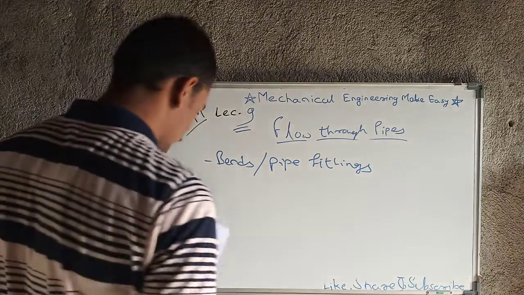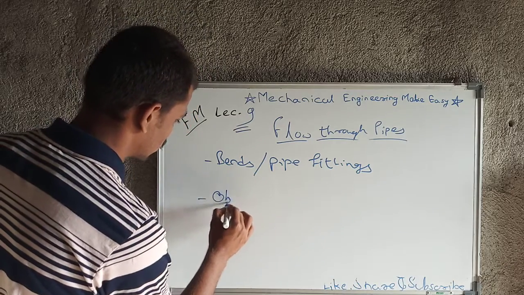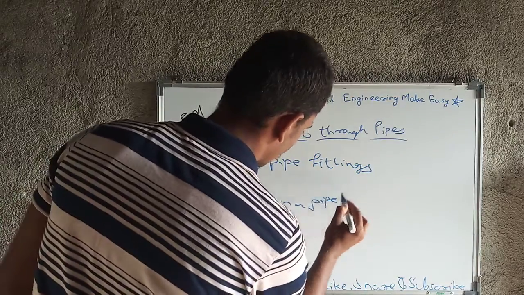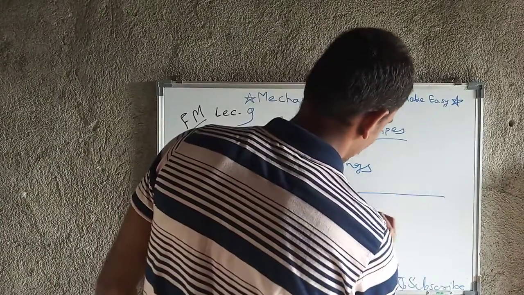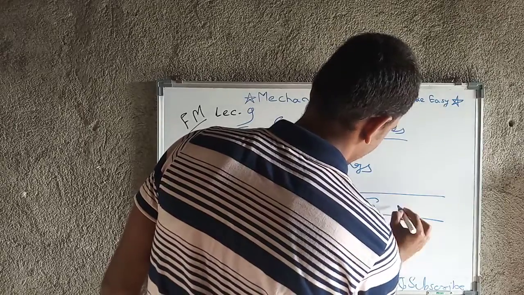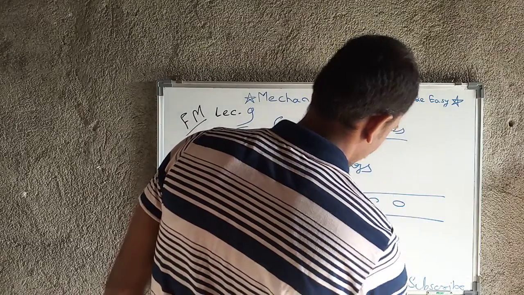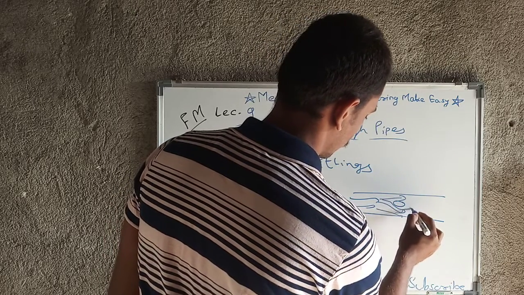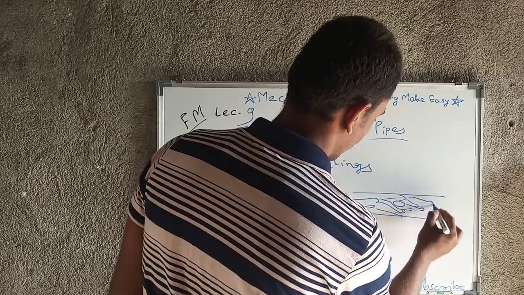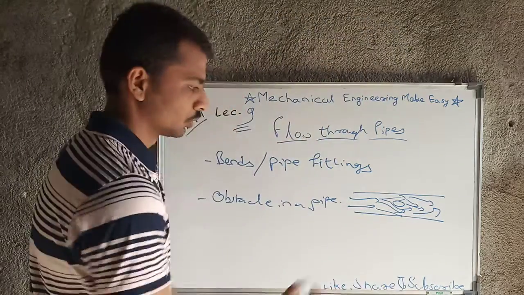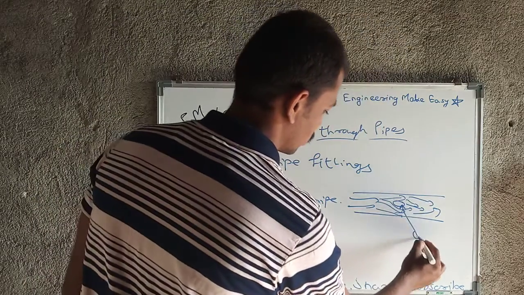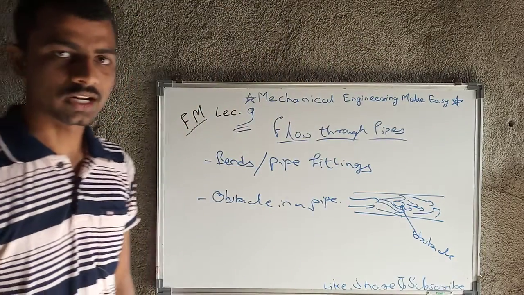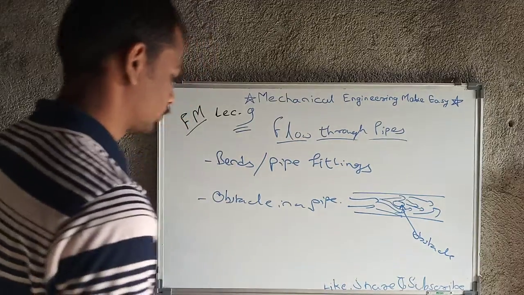Then obstacle in a pipe. It means there may be a case where the flow is flowing through a pipe, but there is some obstacle in that pipe. So the flow has to divert upward and downward, so this is the obstacle. Because of that obstacle there are also chances that head loss will occur.